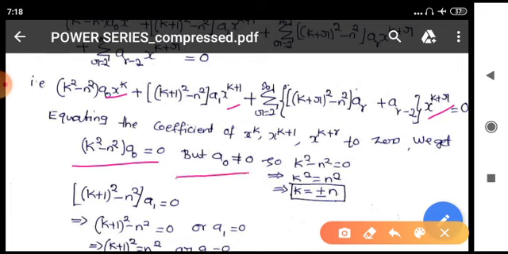But initially we have assumed a naught is not equal to 0. So k square minus n square has to be equal to 0. So k square is n square, k is equal to plus or minus n. So the k value we have got is k equal to plus or minus n.